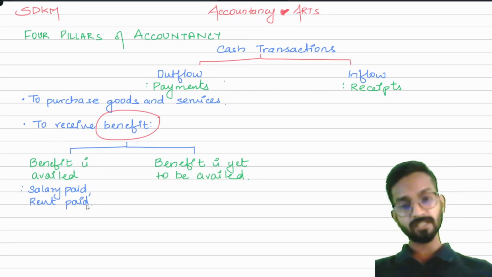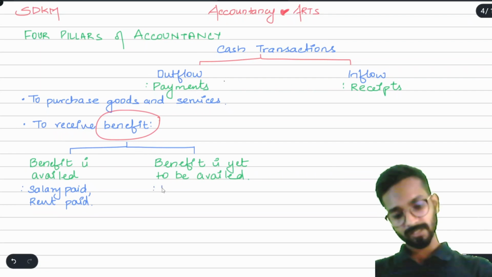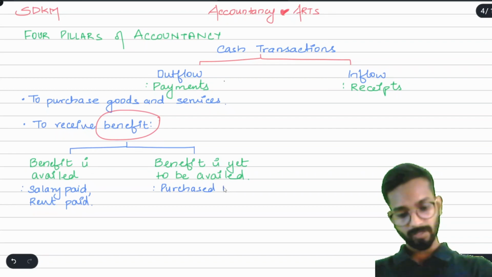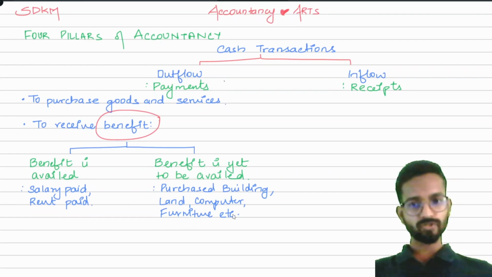If benefit is yet to be availed in future, for example, if I am purchasing a building, land, computer, furniture, etc., then I can say I will be receiving benefits in future also.